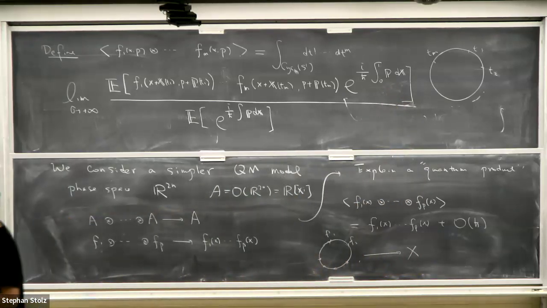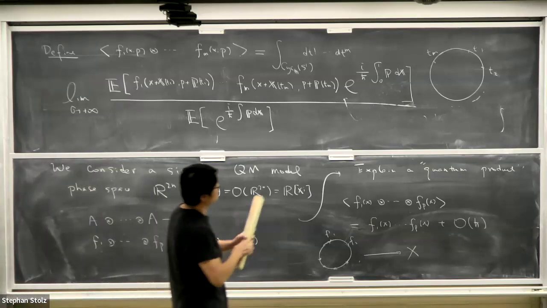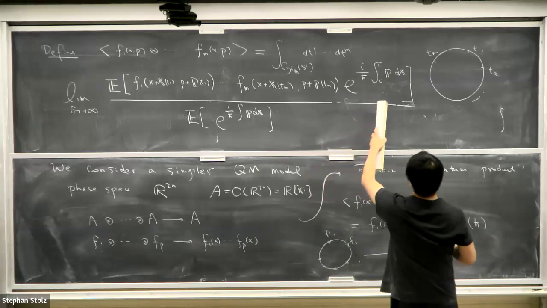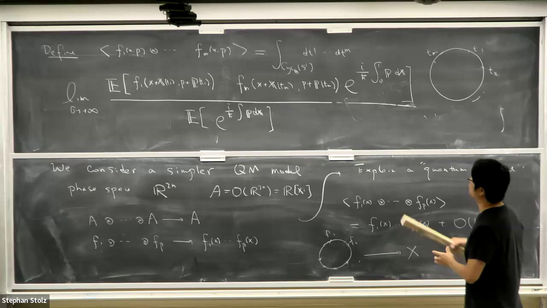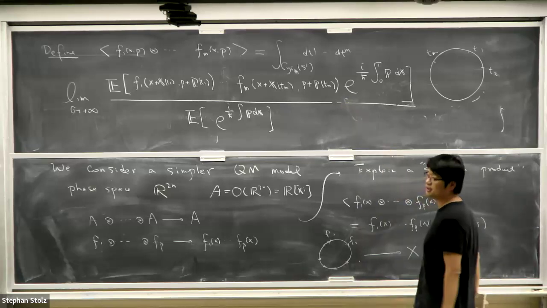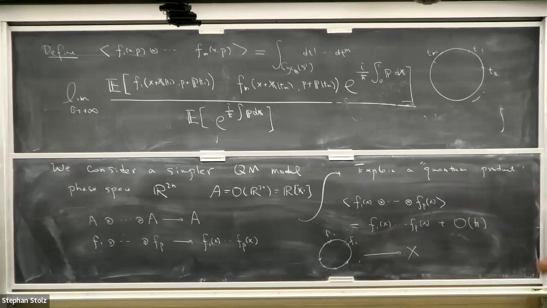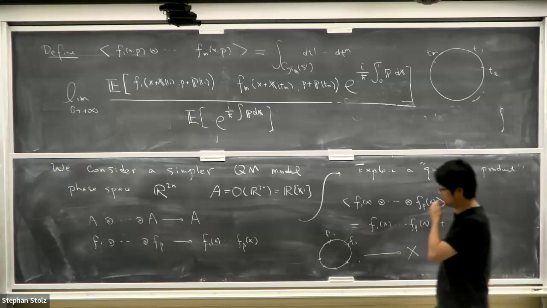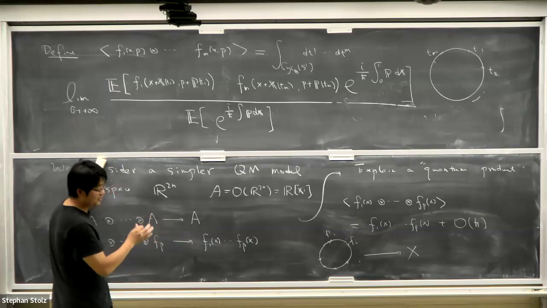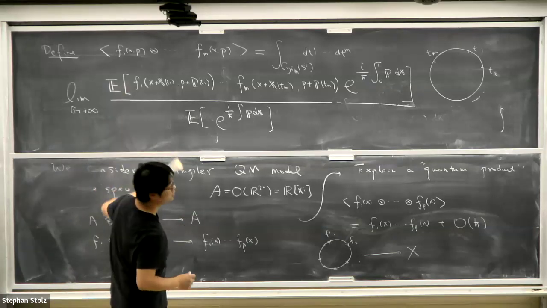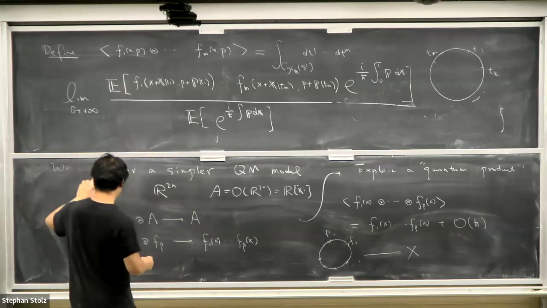But this way is rather simple, so the ordinary integral and the Ito integral are the same. But if you want to insert something more complicated, you need to. Now that's the definition for this quantum product.